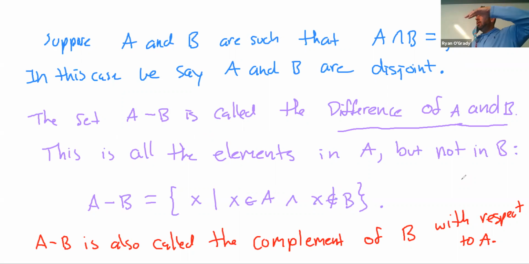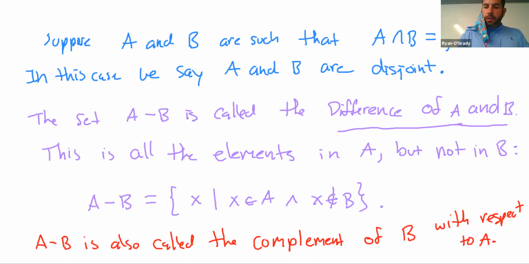What is the larger set that we're thinking about it sitting in? Are we thinking about it sitting in A? Or in some other set? Or in the whole universe? You have to be very careful.